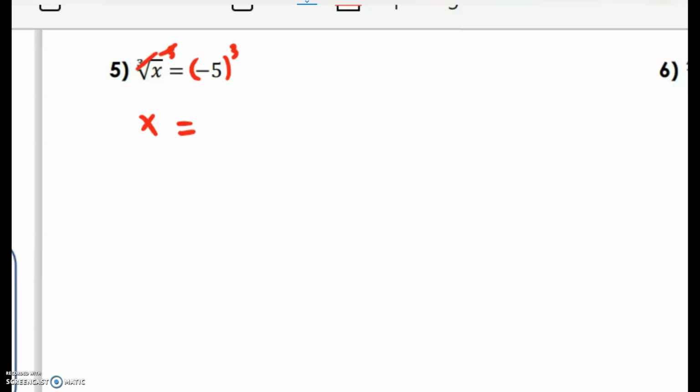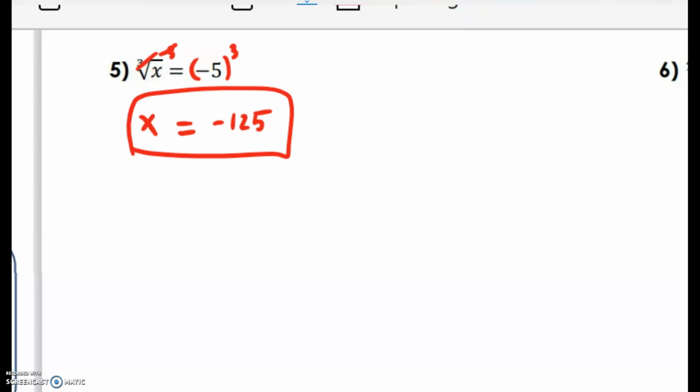And it is negative because 3 negatives would be negative. So -125 is what I'm getting for x. Before I circle that answer, I should check it. The cube root of -125, does that give you -5? The answer is yes. You can check these things on a calculator if you like to, but it does work.